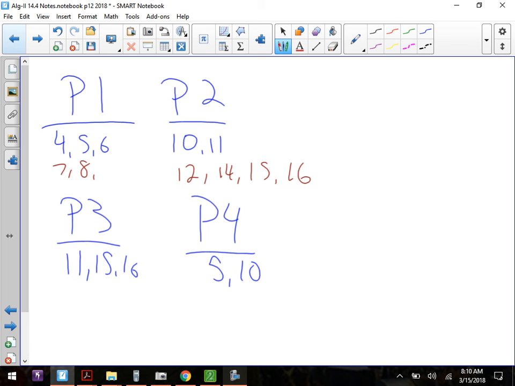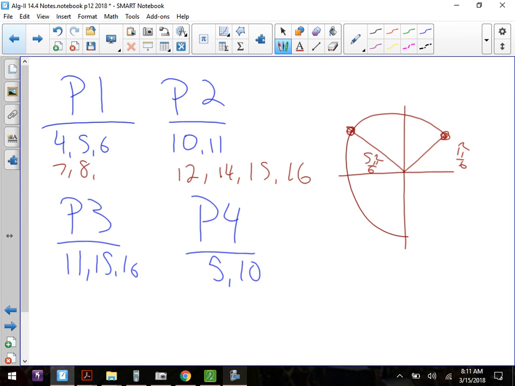They're really not hard. Basically, when you're talking about general solution, if you have a solution here, let's say it's at pi over 6, and the other one is at 5 pi over 6, is the distance from here to here the same as the distance from here to here?